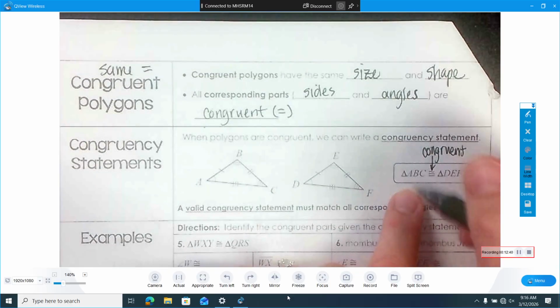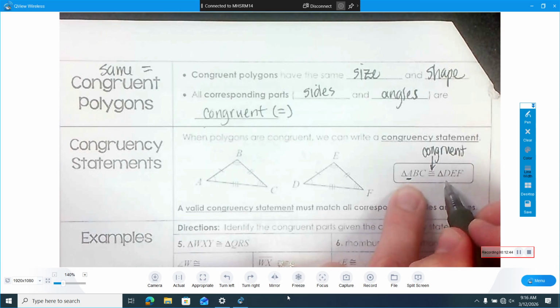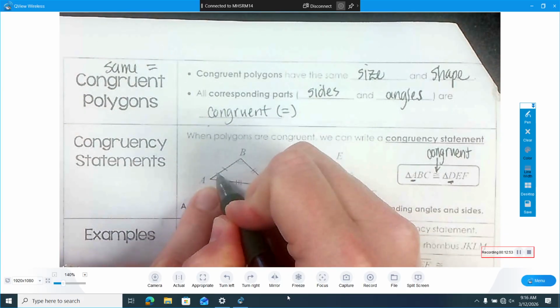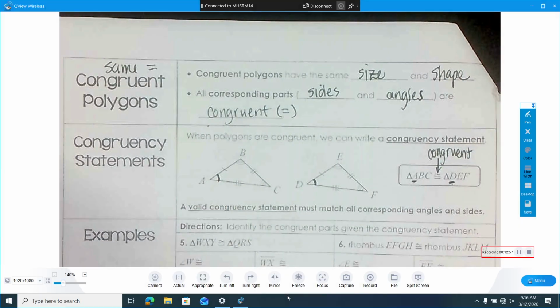What it says is that angle A is the same as angle D. They're in the first positions. Do you see that? And so you can see the marking here. Angle A is congruent to angle D. They have the same congruence markings.